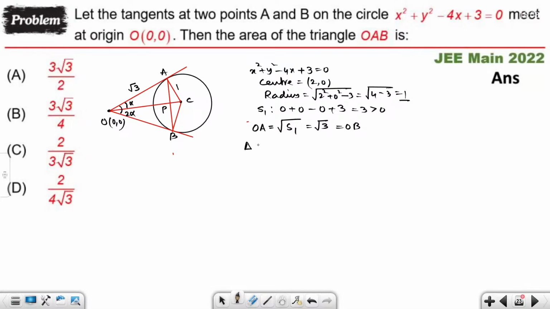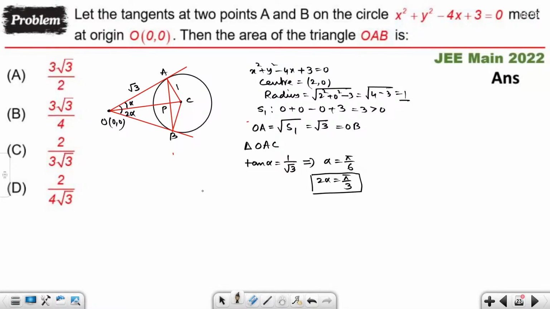Therefore, if we consider the triangle OAC, you are getting your tan alpha is nothing but 1 over root 3, perpendicular by base. So from here we can write that your alpha is nothing but 30 degree, right? If alpha is 30 degree, then 2 alpha will become 60 degree. That is, the angle between these two tangents is 60 degree. Is it clear?